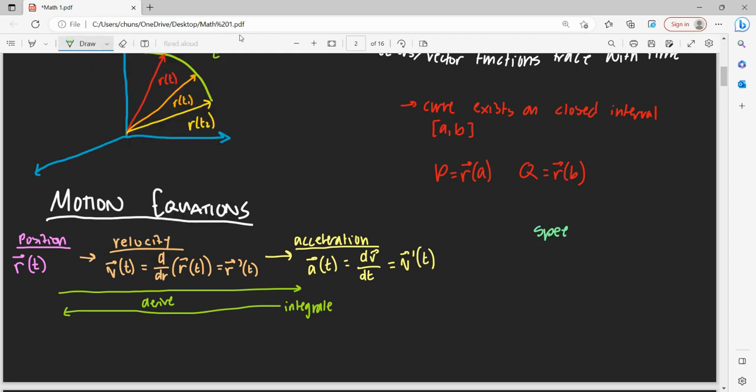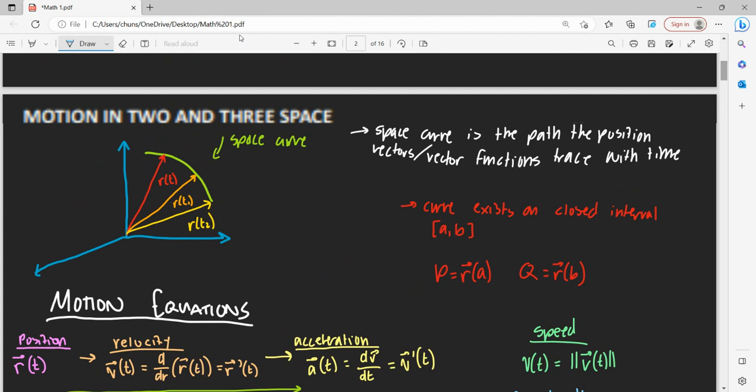Okay, a couple other equations. We have speed, which is just going to be the magnitude of v of t, which is our velocity as magnitude. Then lastly, we have arc length, which requires you to find speed, so denote that as L, and that's equal to the integral of our speed dt.